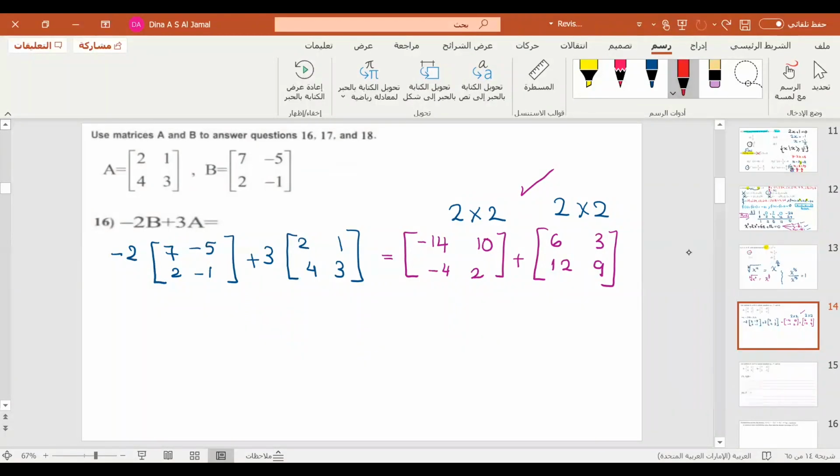Now start adding. Minus 14 plus 6, minus 8. 10 plus 3, 13. Minus 4 plus 12, 8. 2 plus 9, 11. And that's it.